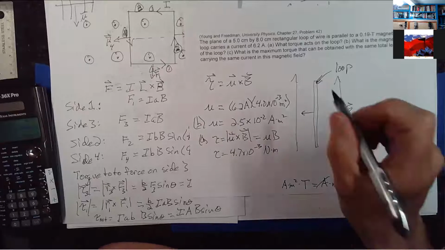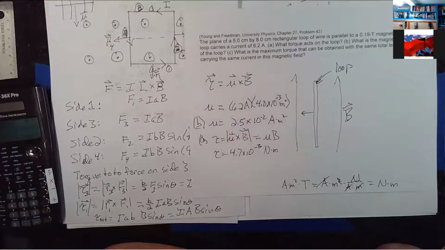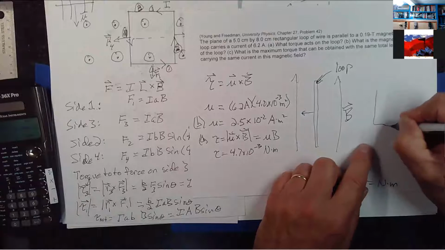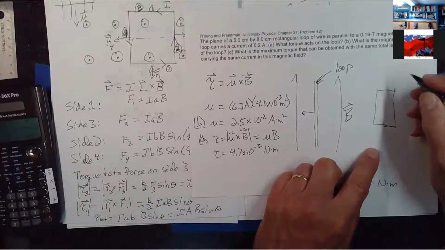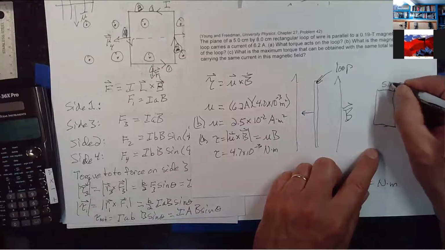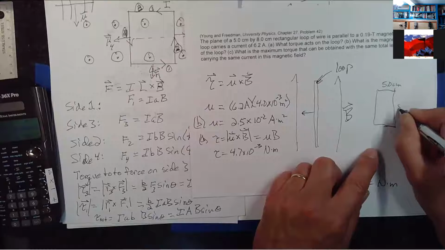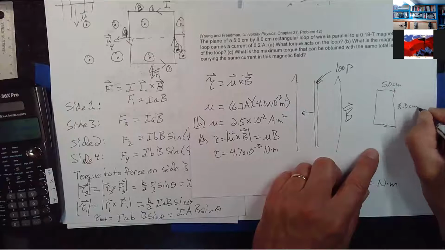What is the maximum torque that can be obtained with the same total length of wire carrying the same current in this magnetic field? Any idea how you might get that? We're looking down on this wire loop, and it is, well, not to scale, 5 centimeters by 8 centimeters.